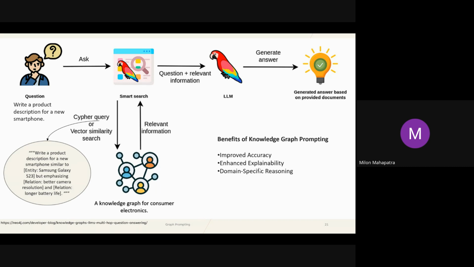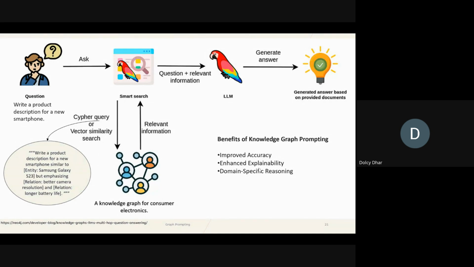Like here, I had one use case where we were using vector similarity for retrieval. Now, let's say instead of that, if I use this knowledge graph and follow the shortest path technique, in that case, will the retrieval be faster or not? So it's again a very subjective thing.